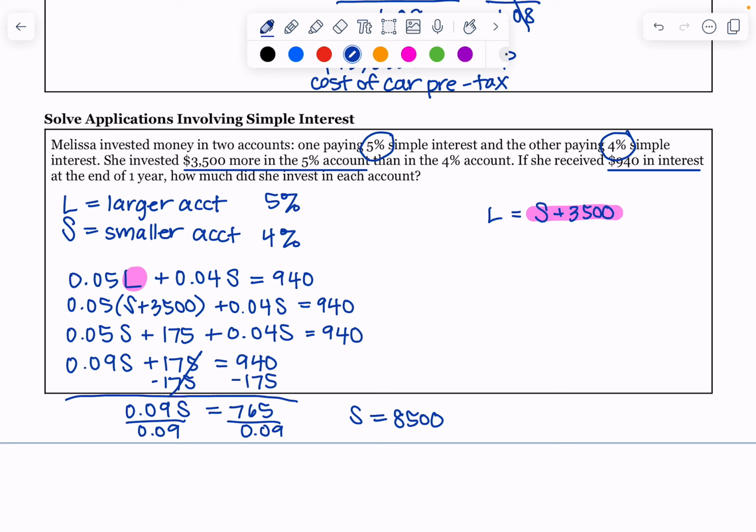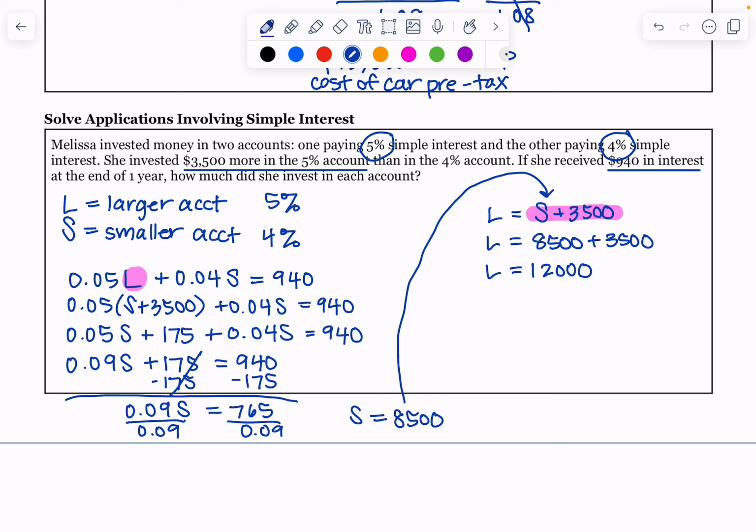Yeah. Okay, so we know S equals 8,500, and we can take that and plug it into our equation for L. So L is equal to 8,500 plus 3,500. And so the larger account is 12,000. So the question was, how much did she invest in each account?